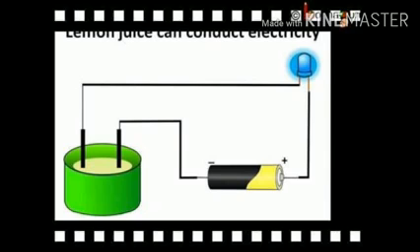In each setup, you have to change the liquid and notice whether the bulb glows or not. Make a table with two columns: in the first column write the names of the liquids taken, and in the second column write down whether the bulb glows or not. For example, in lemon juice the bulb will glow brightly, indicating that lemon juice conducts electricity.